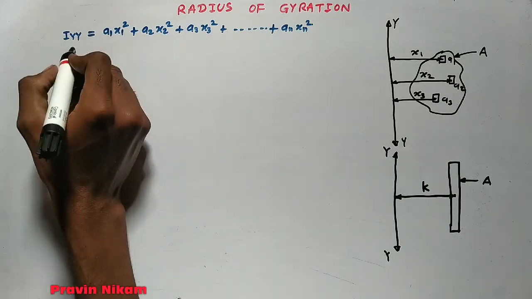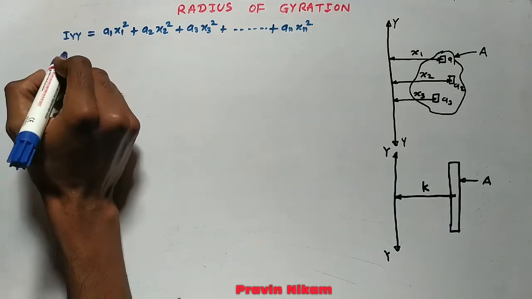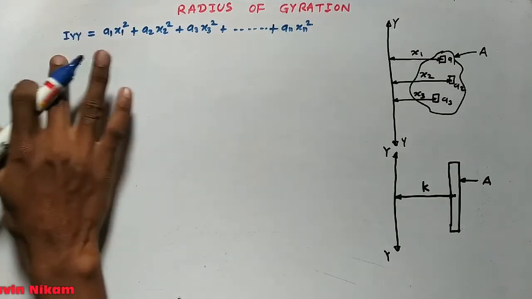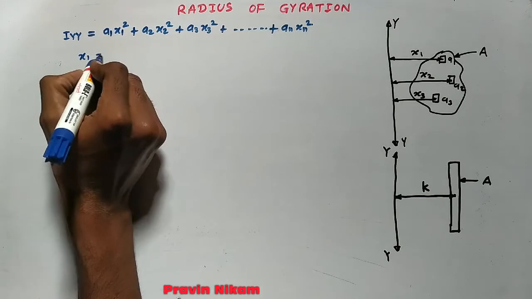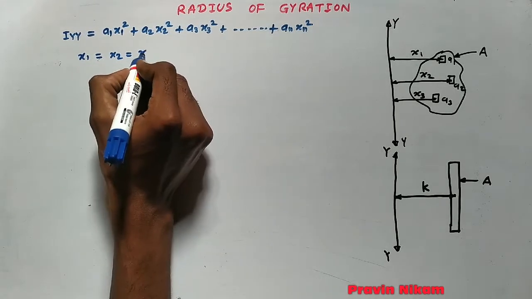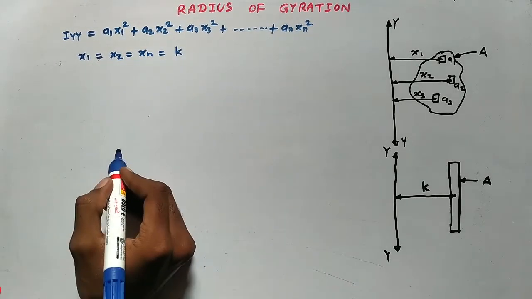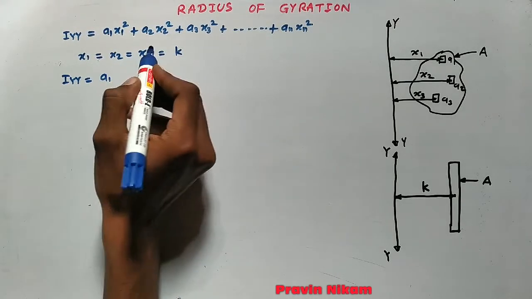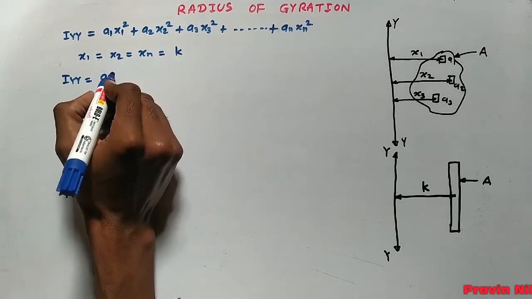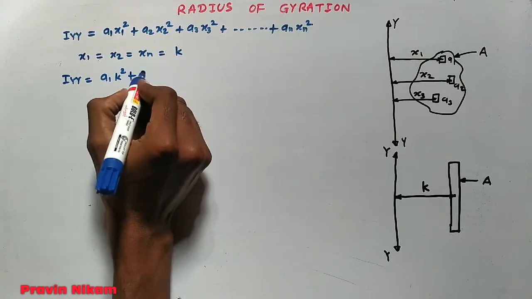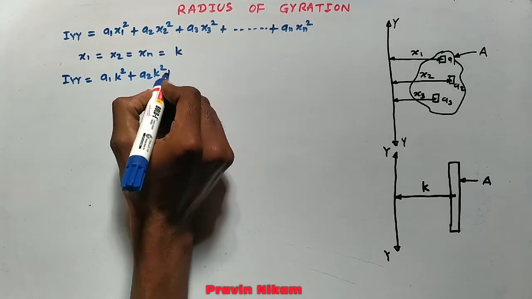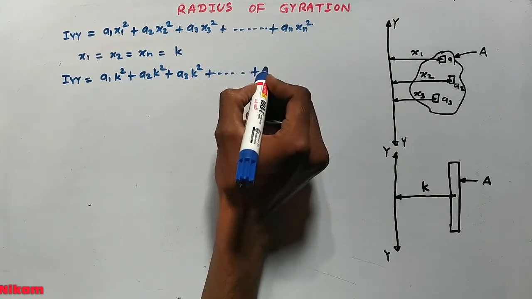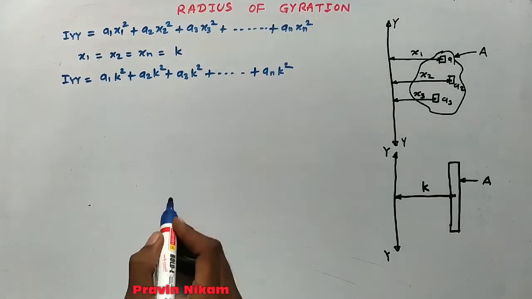So x1 is equal to x2 is equal to xn, equal to k. Therefore Iyy is equal to a1 k squared plus a2 k squared plus a3 k squared plus an k squared.